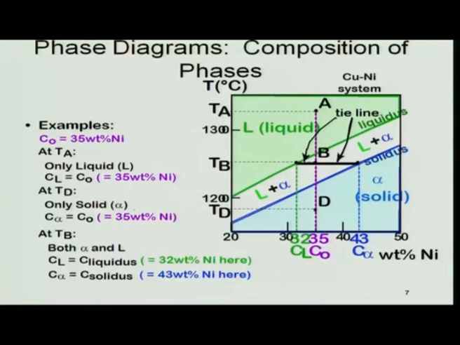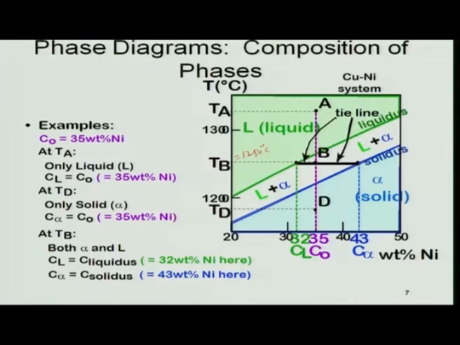So now if I apply the lever rule, let us do that. Suppose I have an alloy which contains 35 weight percent of nickel, and I want to apply the lever rule at a temperature Tb, between 1200 and 1300, let us suppose Tb is equal to 1250. So what do I do? I draw a horizontal line which is known as the tie line, which connects the liquidus and solidus, and it intersects liquidus and solidus at these points.